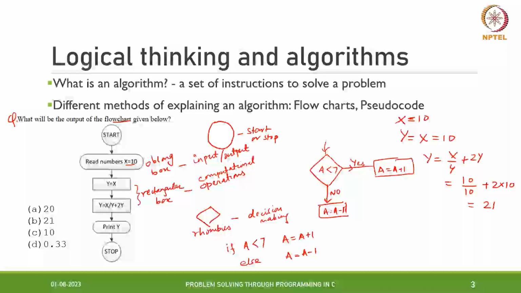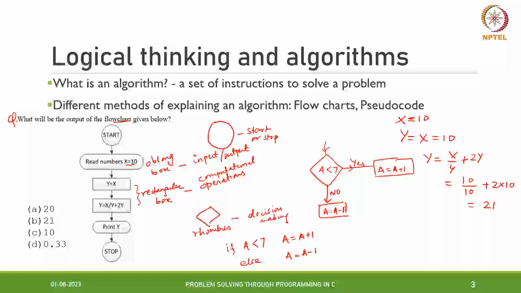So when you print y, what this overall program does is it takes a number x with the value of 10, then there is the variable y, which takes the value of the variable x, and then you do some more operation, division, addition, multiplication, whatever, and you save that value in y again, and here this value of y, whatever has been allotted in the previous box, is going to be used here.